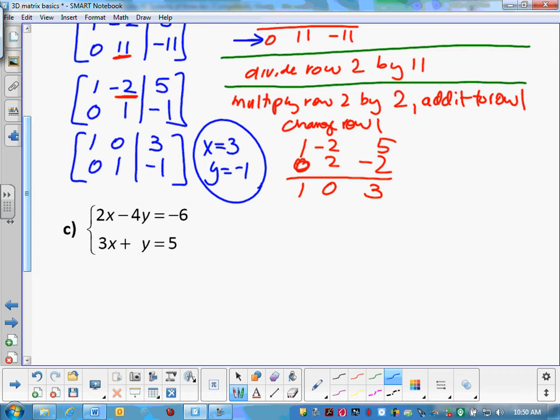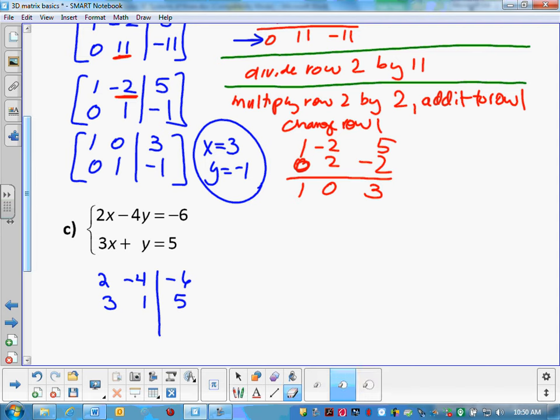One last thing, let me kind of point out on C, when I write those coefficients 2, negative 4, negative 6, and 3, 1, 5, and if I need to get a 1 in this top spot right here, how do you think I'm going to do it?